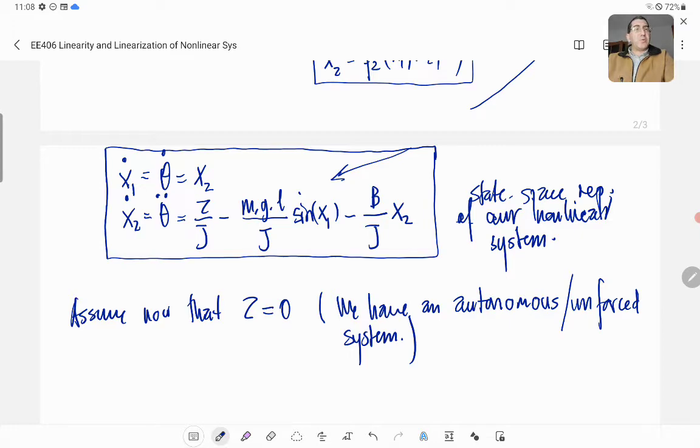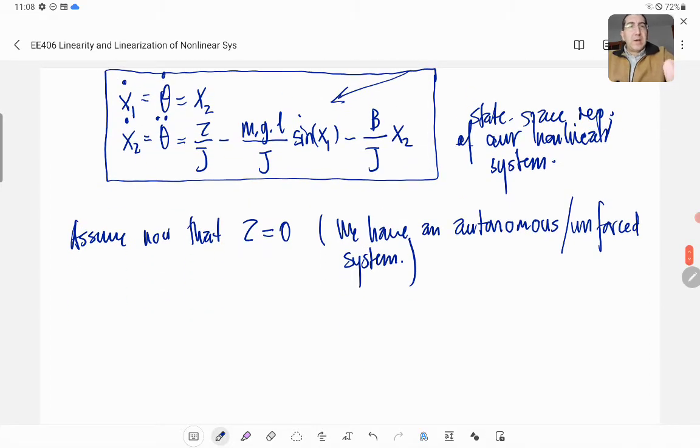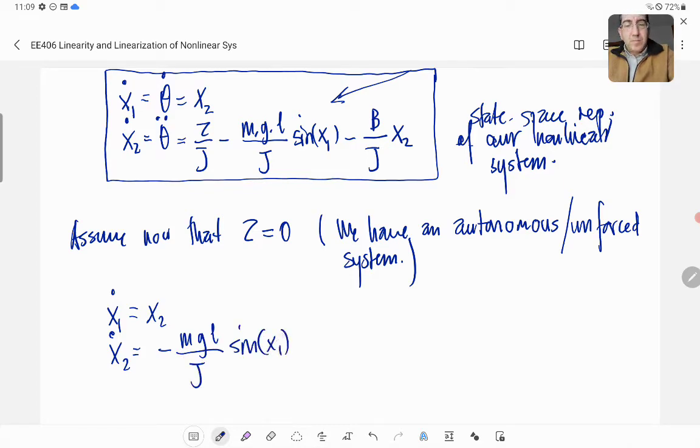The input is equal to 0, so you have a system that just acts by itself. That's why it's called autonomous, and it's also called unforced because we are not forcing it with an input. So in this case, I have x1 dot equals x2, and x2 dot is equal to simply minus mgl over J sine x1 and minus B over J x2.